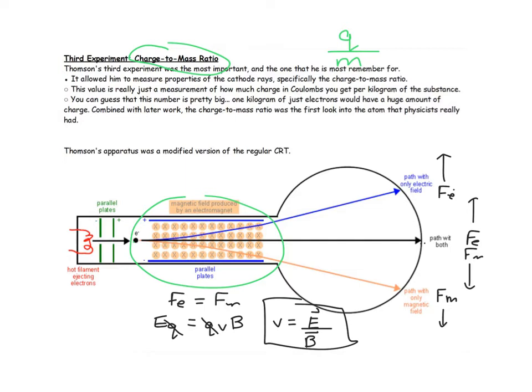Now there is another step. If we look at when we turn off the electric field, now again there's only the magnetic field. Once we know the speed of these electrons, the formula is the electric field over the magnetic field, then we turn off that electric field.